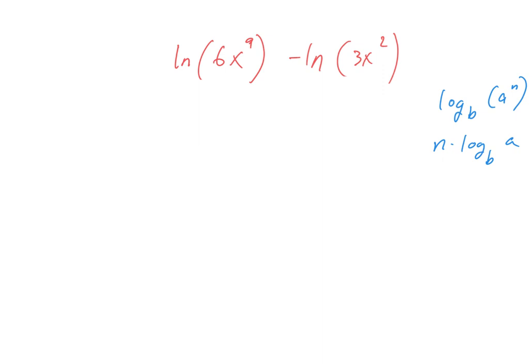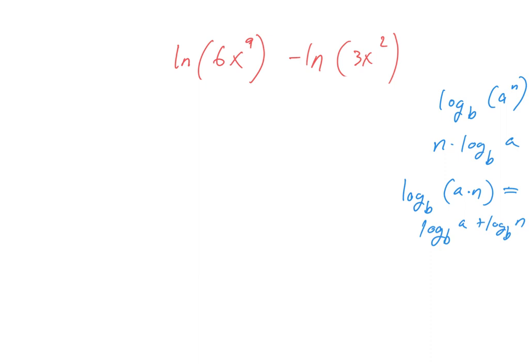We have other logarithmic principles: log base b of two things multiplied, a times n, where n is a number, a is a number, can be rewritten as the log base b of a plus the log base b of n. That's related to exponents: when you have same bases and multiply, you add exponents.